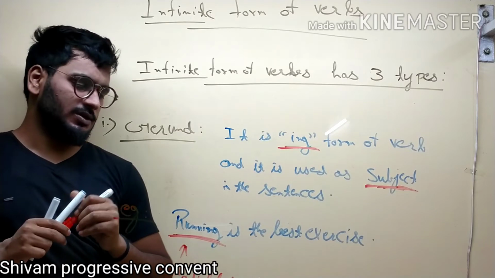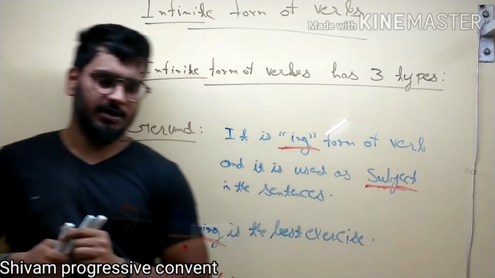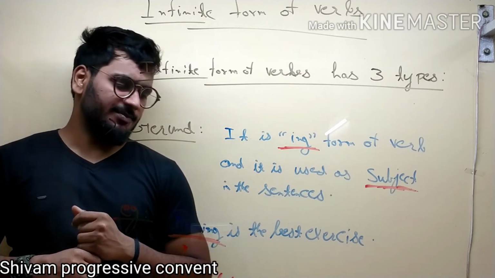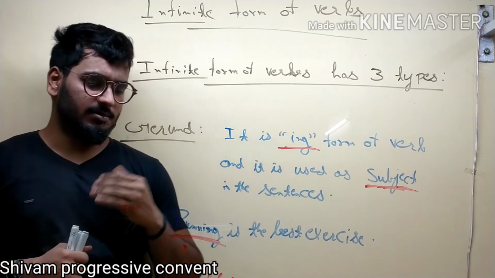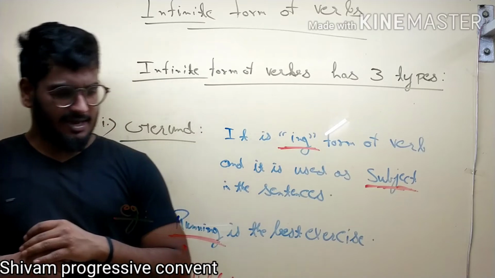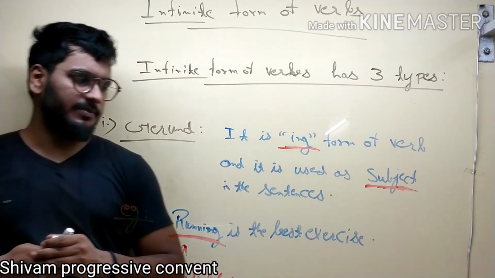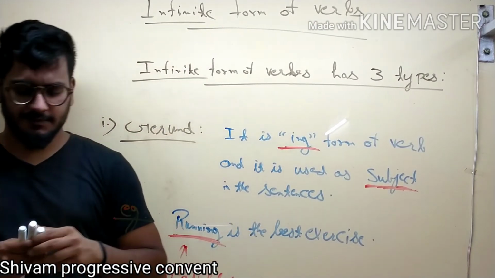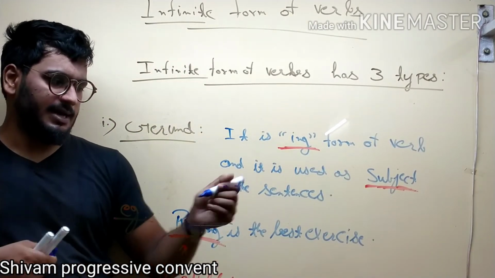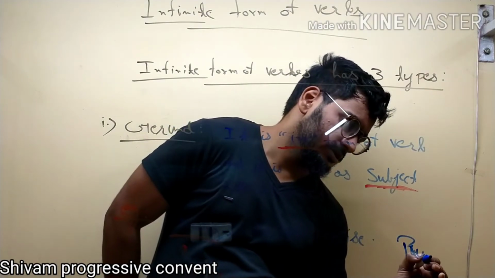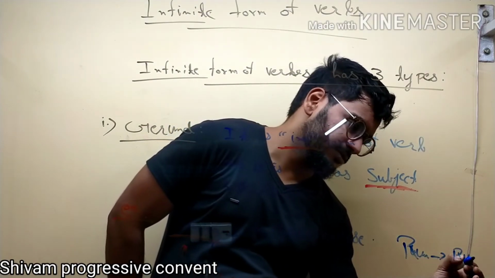Very easy. So note it down, and then moving forward, if you want to make more examples, you must make more examples by your own. And the second thing, how to convert a normal verb into gerund form. For example, I converted run into running.